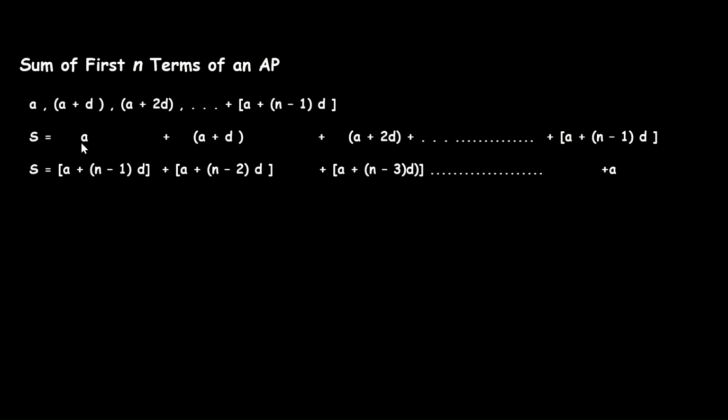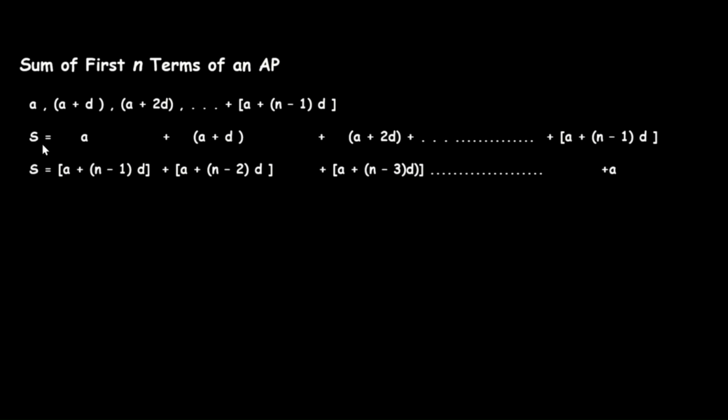Here we have written from the first term to the last term, and here from the last term to the first term, using the commutative property of numbers, which works for addition. So the sum can also be written from the nth term to the first term.